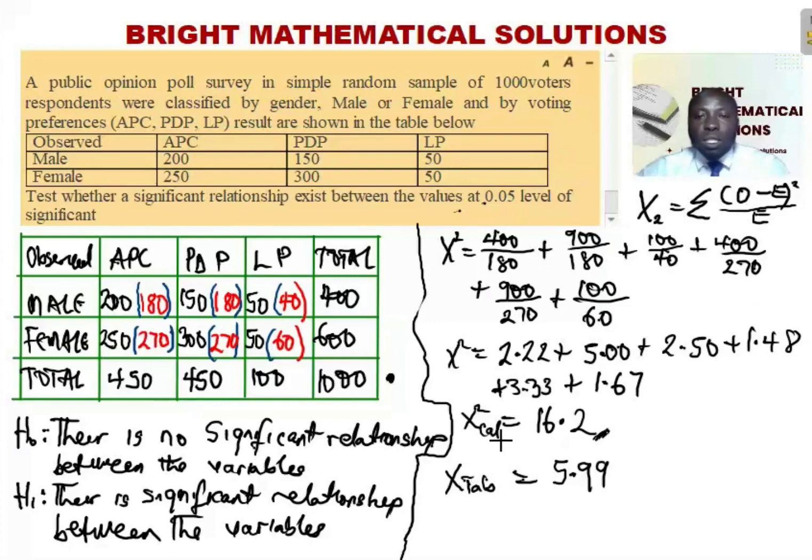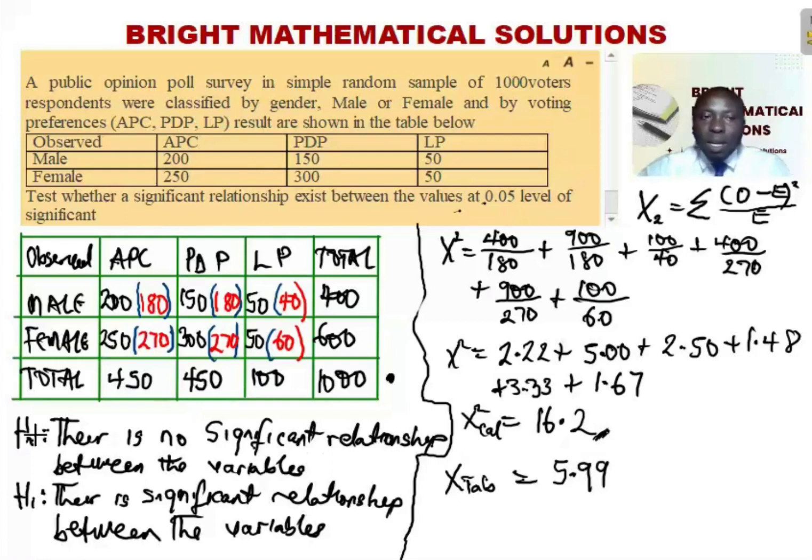Now the decision is made. If the calculated is greater than the tabulated, what we do is we accept the null hypothesis. Let me repeat. If the x chi-square calculated is greater than the tabulated, we accept the null hypothesis.